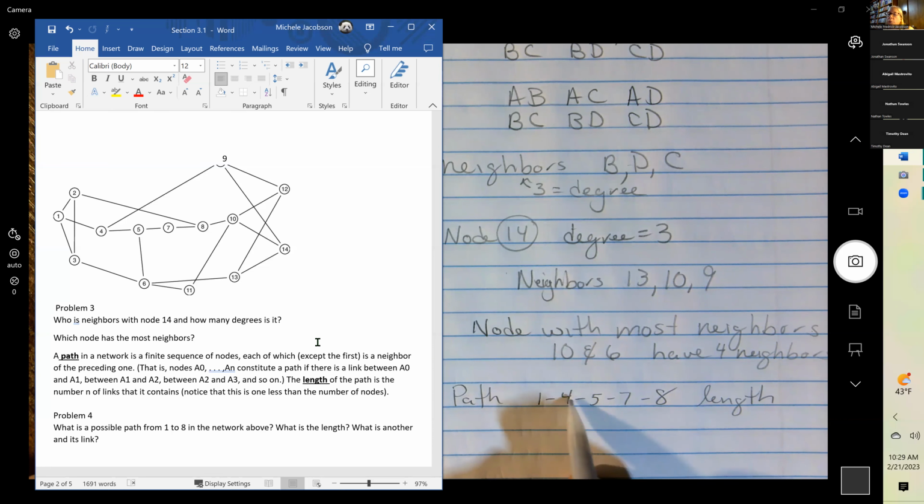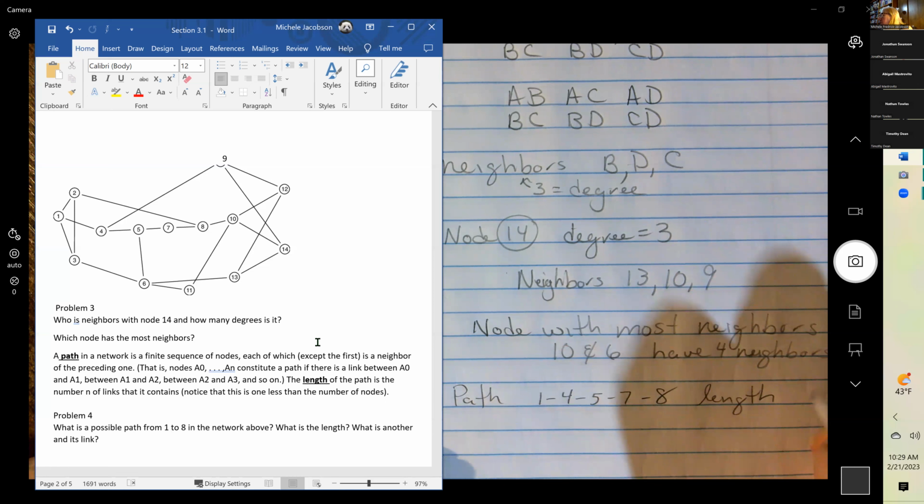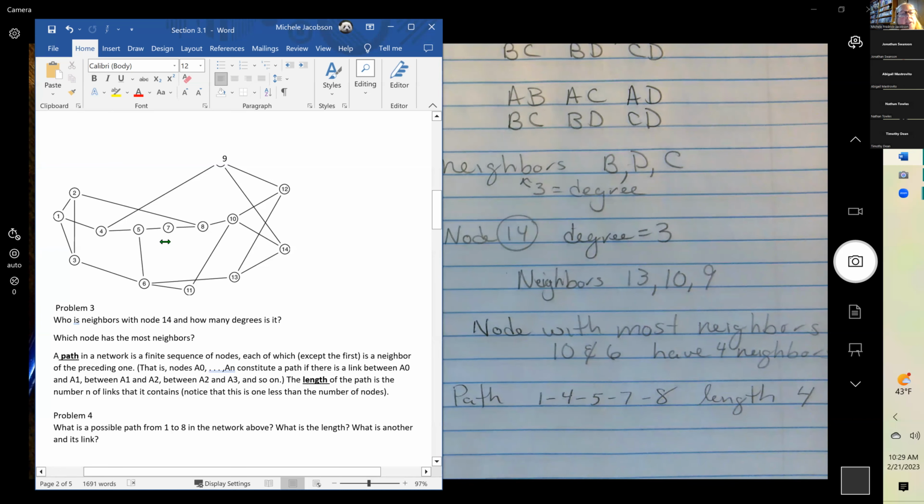If you count nodes, you want to go one less than that. I like to count the links, so going from 1 to 8, I'd have 1, 2, 3, 4 links. If you count the nodes, you need to subtract 1.